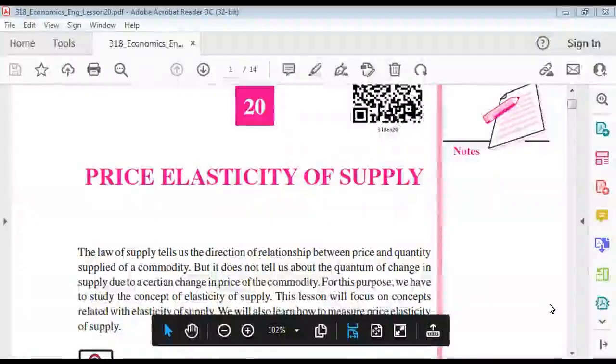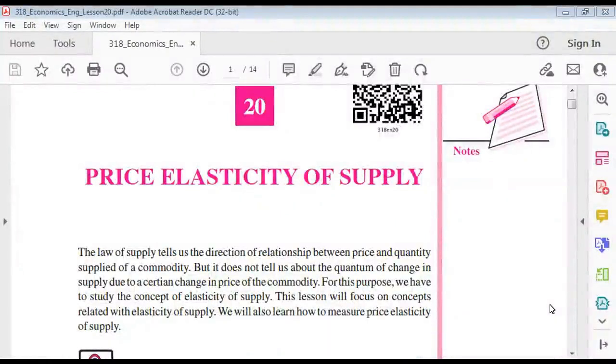So just a second. So, screen is visible? Yes, sir. Okay.